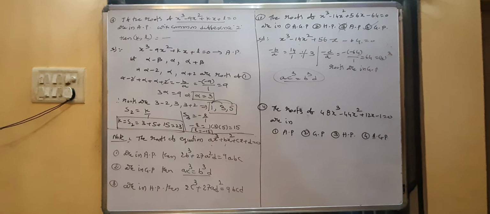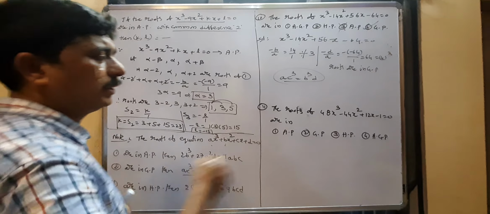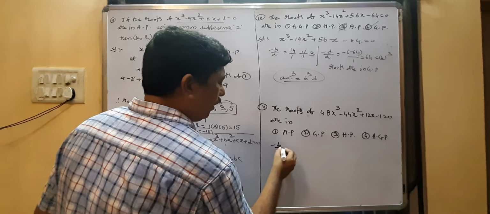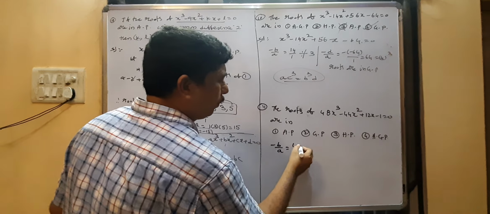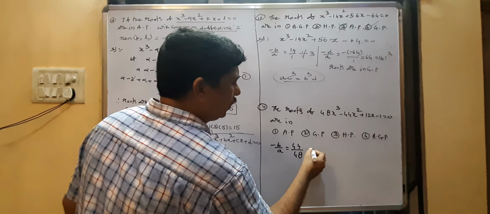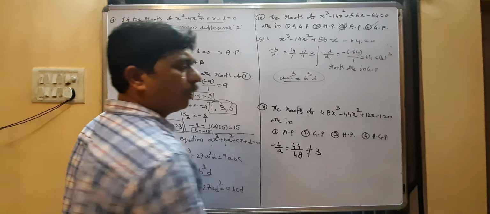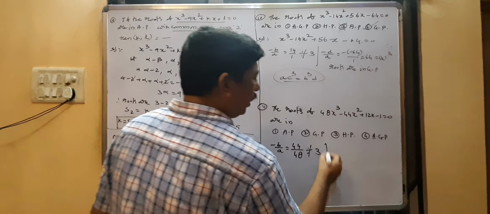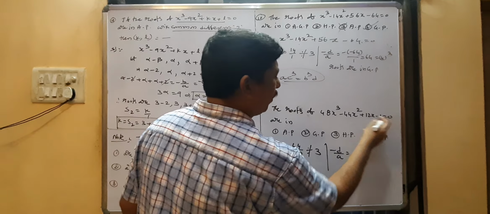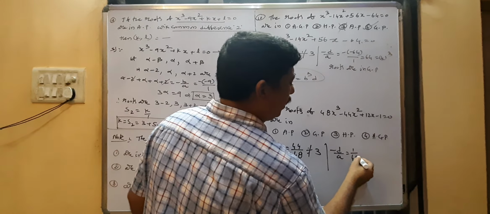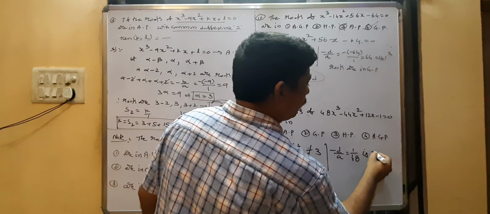Now coming to the next one. This is also the same thing. Minus b by a, that is minus of minus 44 by 48, 44 by 48 is not divisible by 3. Next, minus d by a is minus of minus 1 by 48. 1 by 48 is not a perfect cube.